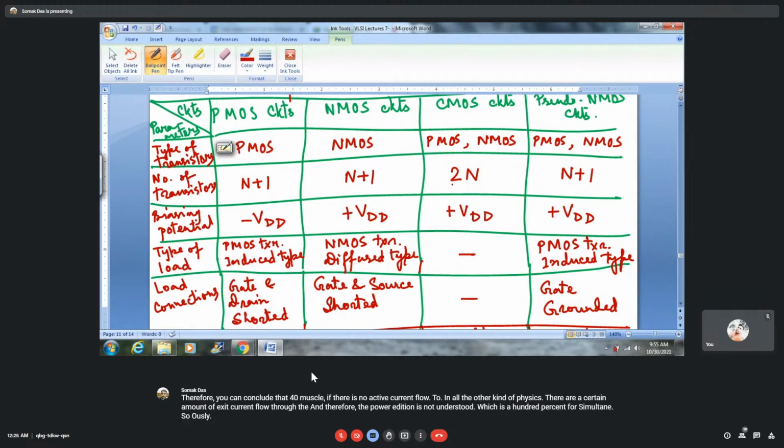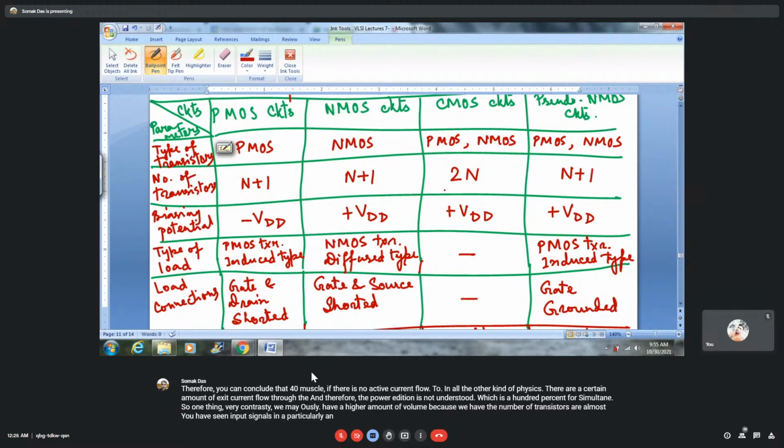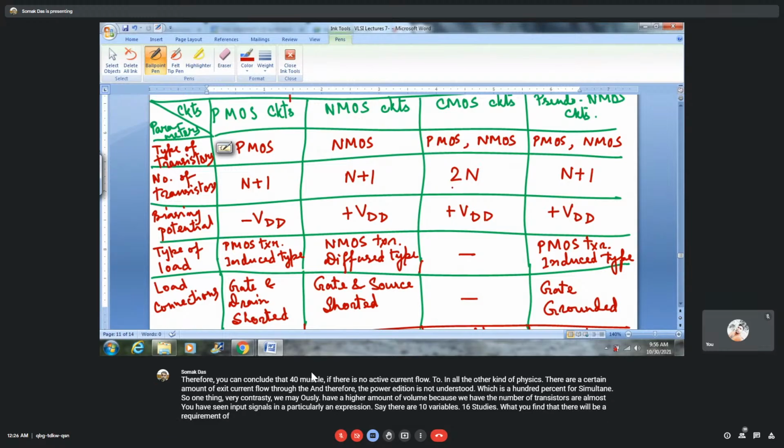So one thing in contrast is we may have a higher volume for CMOS circuits because here the number of transistors is almost double. So if you have 10 distinct variables within a particular Boolean expression, there will be a requirement of 20 transistors within CMOS circuit, whereas the PMOS, NMOS, and pseudo NMOS circuits will be formed by only 11 transistors.